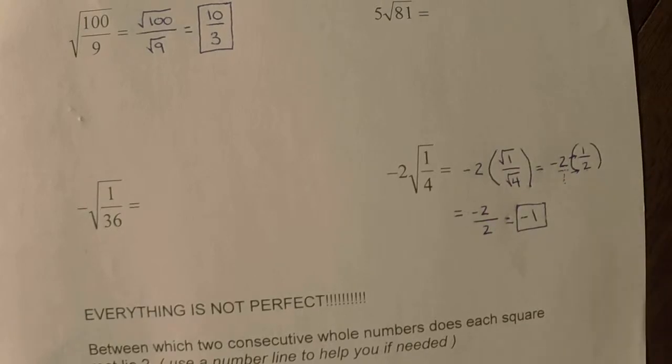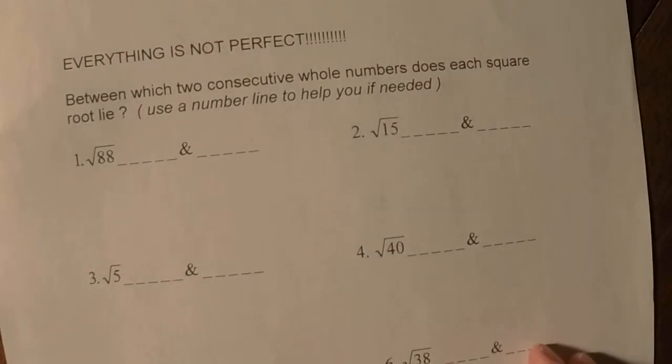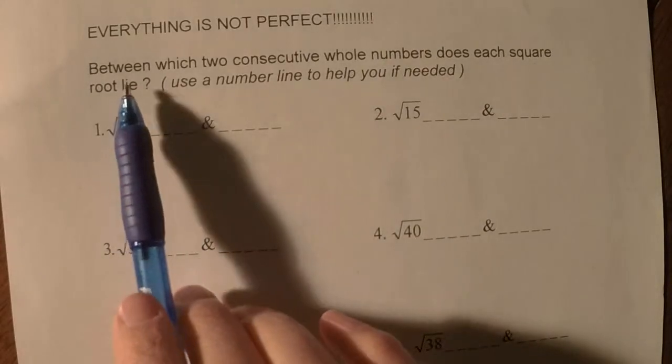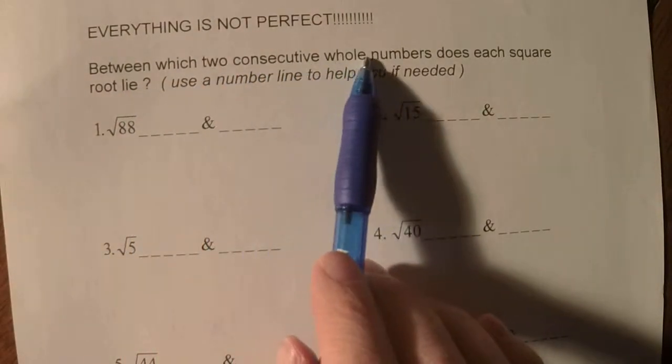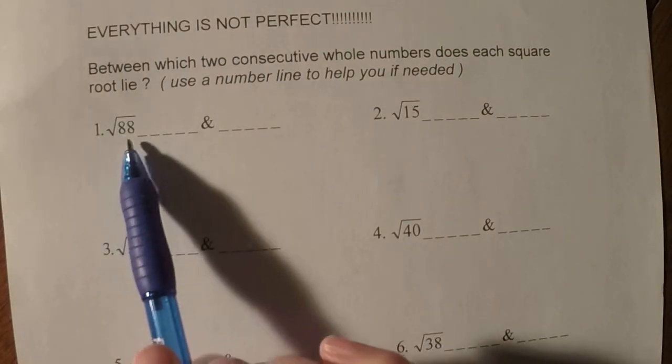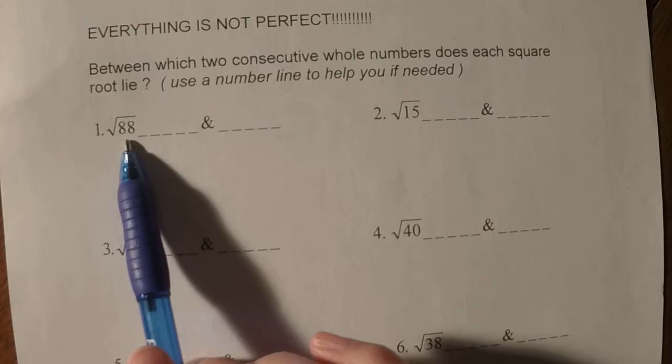And it says, but what if everything is not perfect? Which is kind of the reality. Can you guys estimate? It says this lies between two consecutive whole numbers. So if we're looking at our chart, we want to figure out, where does 88 fall?